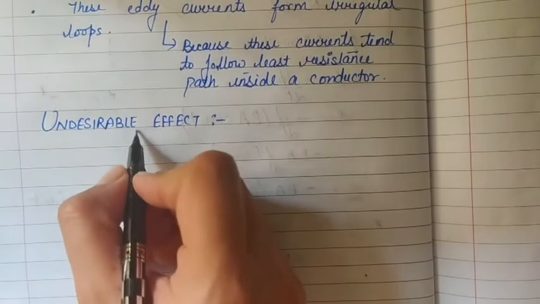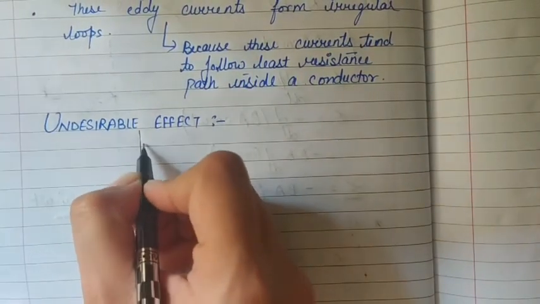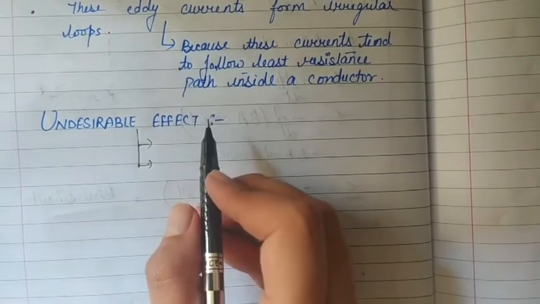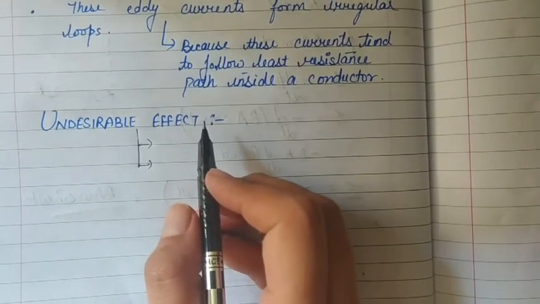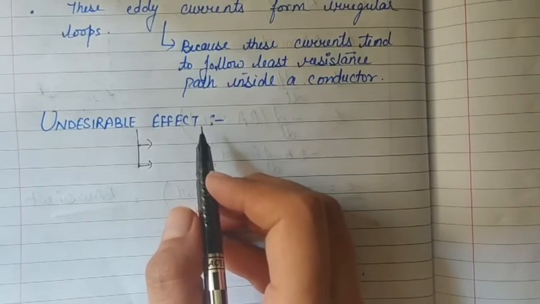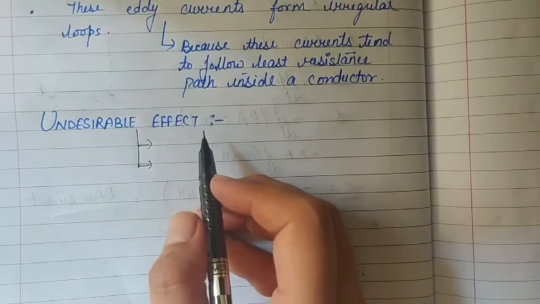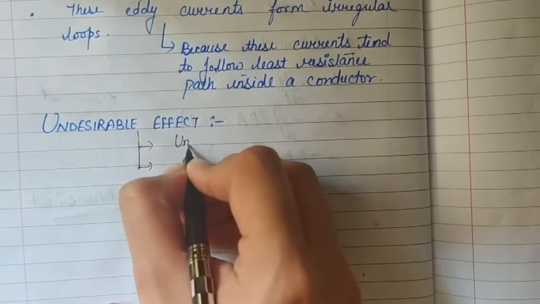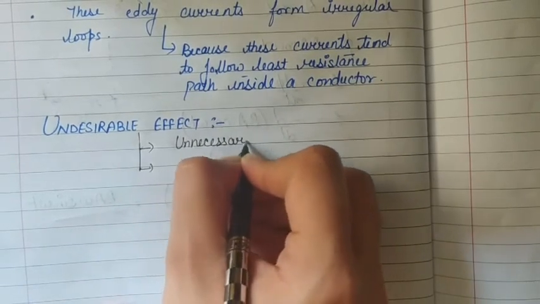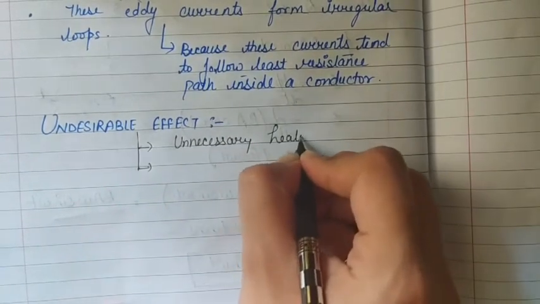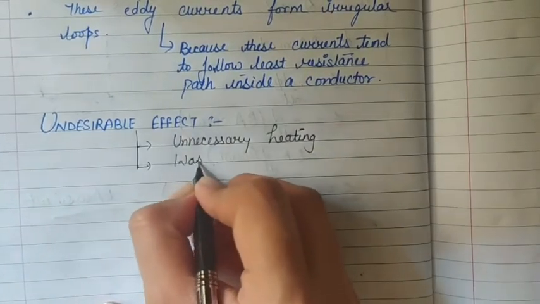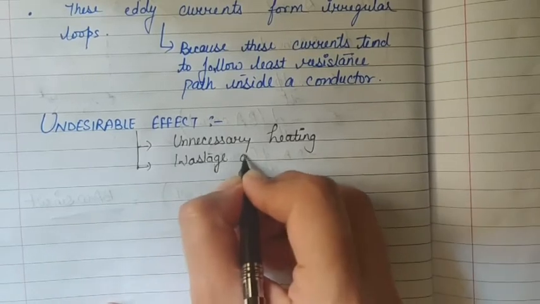So the most important undesirable effect of eddy currents is that if they are produced in the core of a transformer, or the rotating armatures of electric motors, dynamos, or something like that, they cause unnecessary heating. And the other thing is that because of them there is wastage of power.